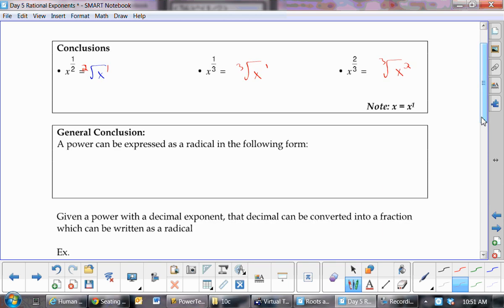Okay, now x to the a over b will equal what?